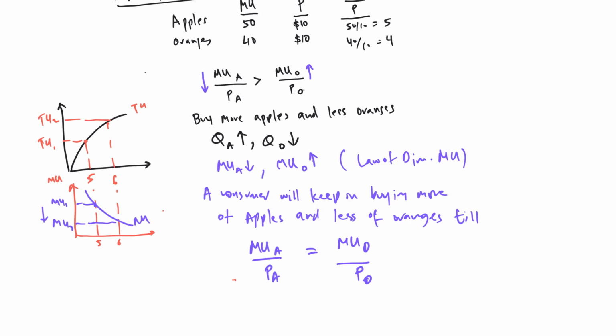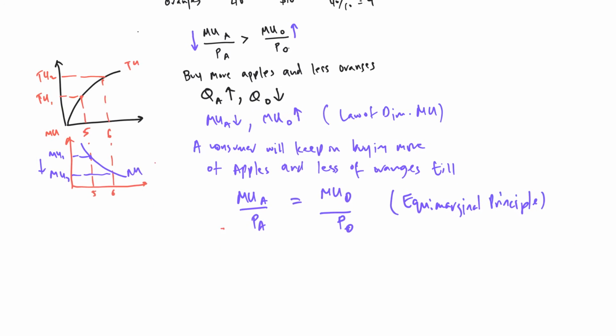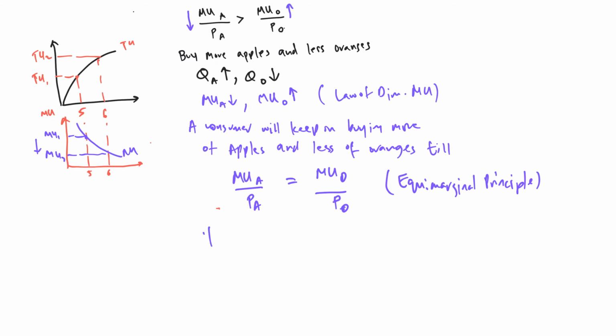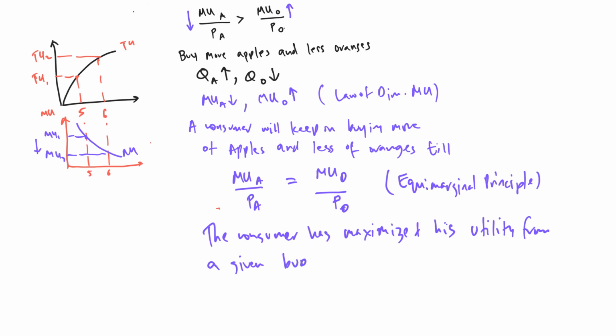And when this equation is met, we say this is called the Equi marginal principle, where we believe that the consumer has maximized his utility from a given budget.